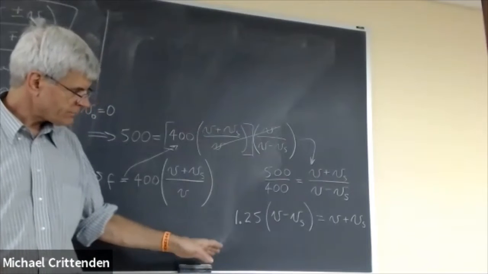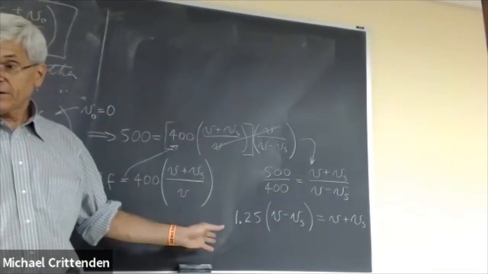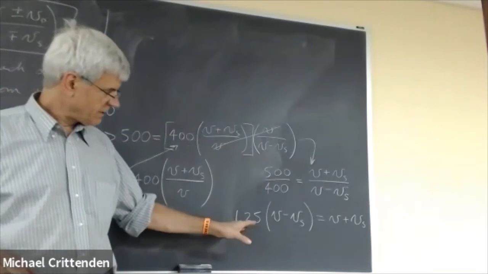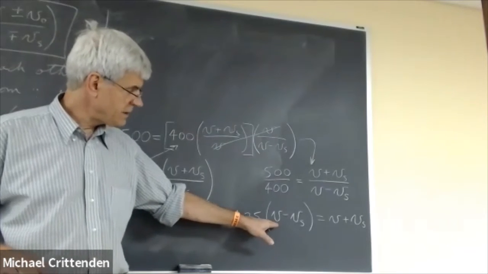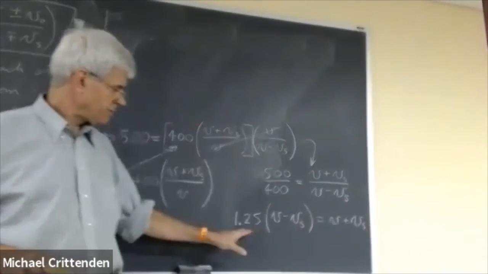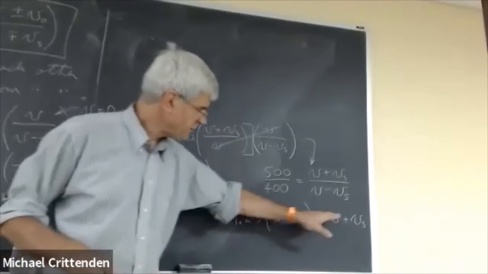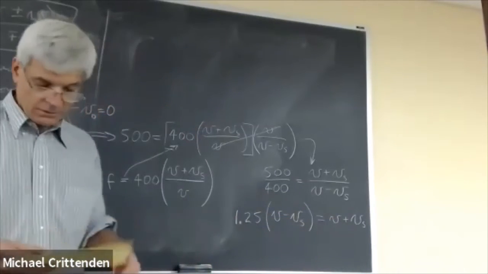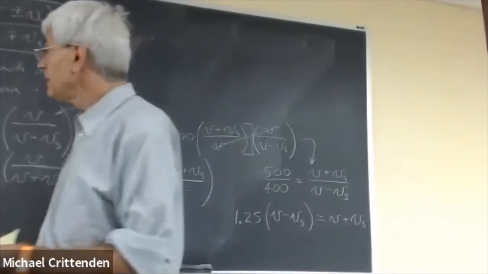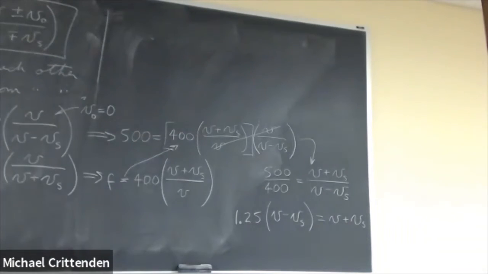And then what's left is to combine the like terms. I've got a 1.25V and another V there, and I've got a 1.25 Vs and a V. And I'm getting pretty boxed in down in that corner. I think I'm going to go over to the left-hand end of the blackboard here again. But I am within spitting distance of having this thing finished.